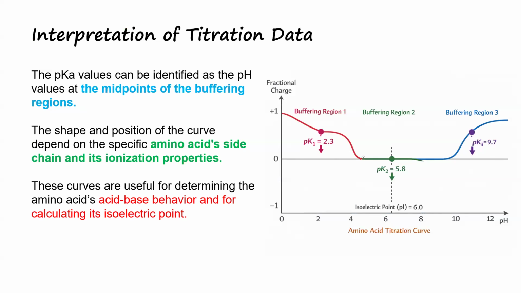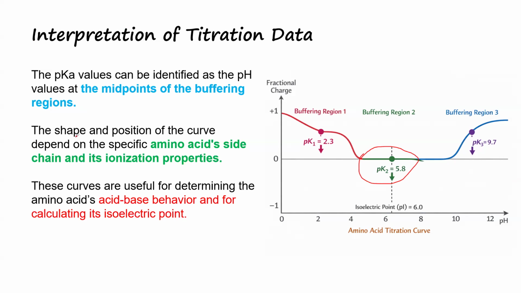So this is the midpoint of the buffering region. It means that the pH value at the buffering region is the same thing as the pKa. So that is the most important thing.